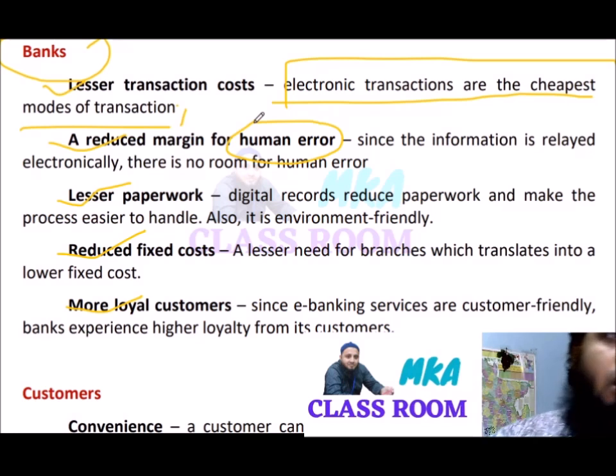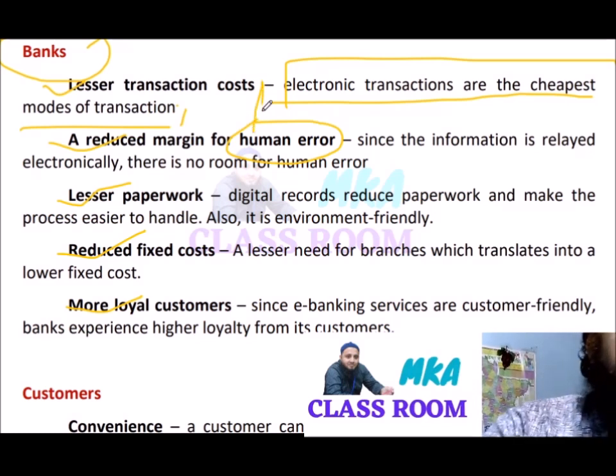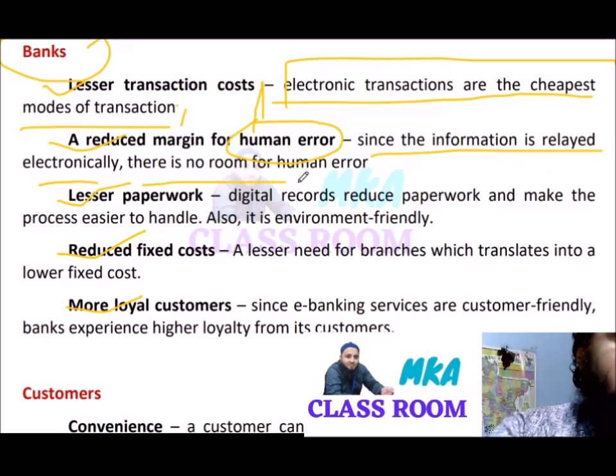If the operator does not make a mistake, then the computer will also not make any kind of mistake. So the mistake is made by the operator, who is human, not the computer. Since the information is relayed electronically, there is no room for human error.